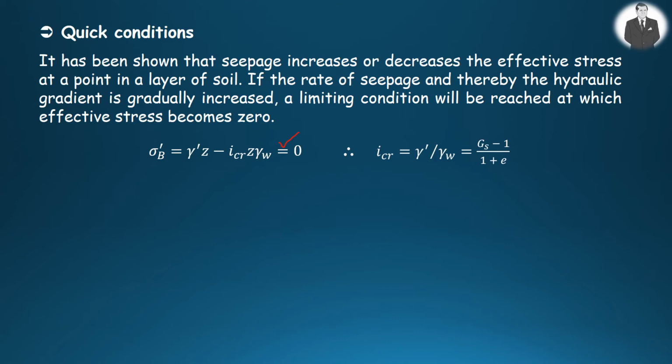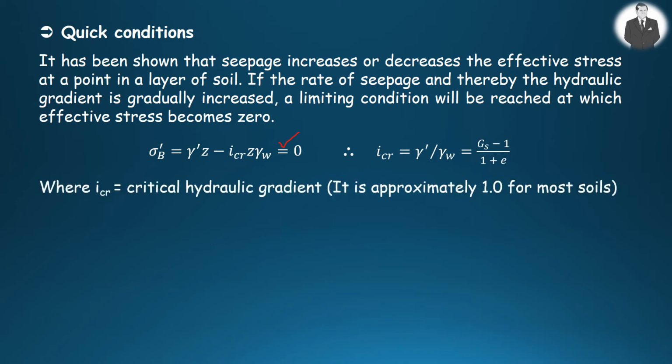Critical hydraulic gradient can also be expressed in terms of specific gravity and the void ratio of soil. Critical hydraulic gradient is about unity for most soils. What happens when the critical hydraulic gradient develops?